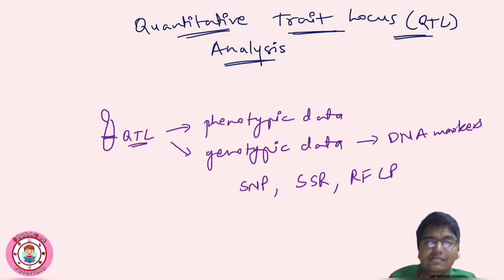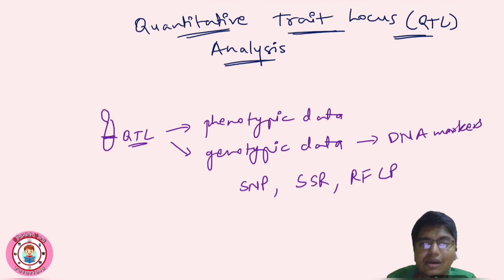So how is the analysis performed? Basically, same as we perform crosses. The parentals are crossed to get the F1 and then F1s are crossed to get F2. Okay, then the genotypic and phenotypic data are collected, and using that we can analyze the markers, means the linked markers will segregate according to the phenotype.